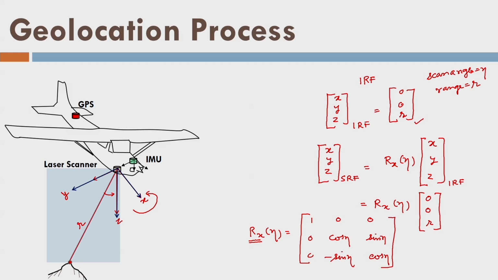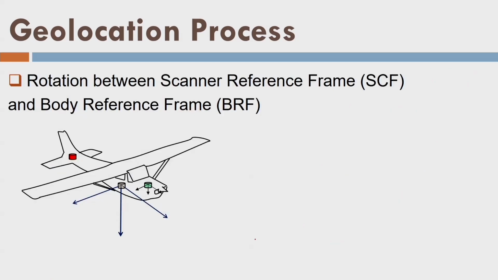Let us go ahead and try to convert the scanner reference frame to the body reference frame. As I already told, as such there is no difference between the orientation of the scanner reference frame and the body reference frame, but the origin is different and there could be a slight difference of maybe 1 degree or 2 degrees.